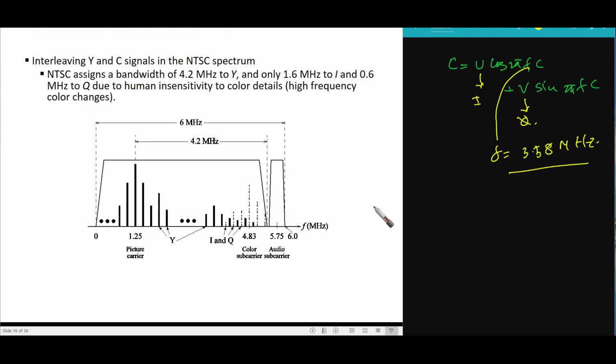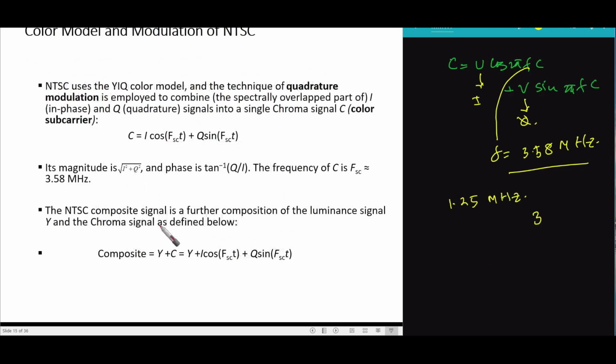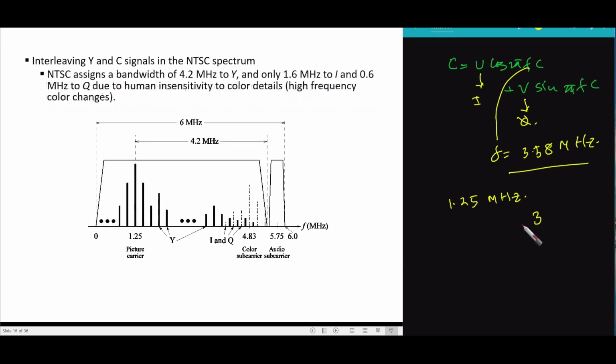Generally the picture carrier, the carrier frequency to transmit the Y luminance information, is 1.25 megahertz. And for color, how much do we need? As I said, 3.58 megahertz for the color carrier.